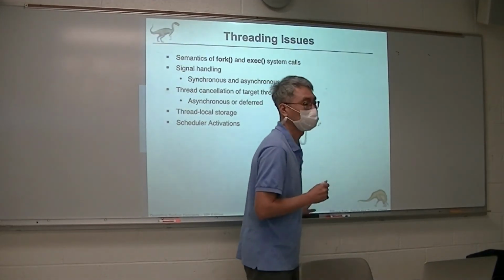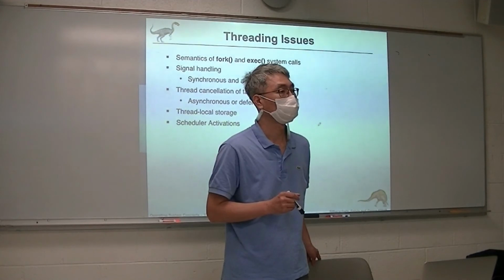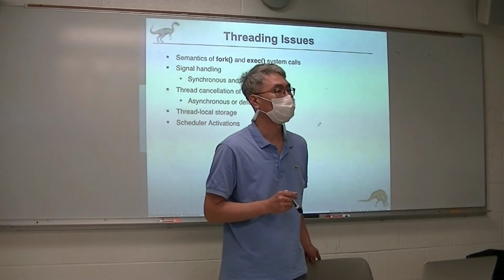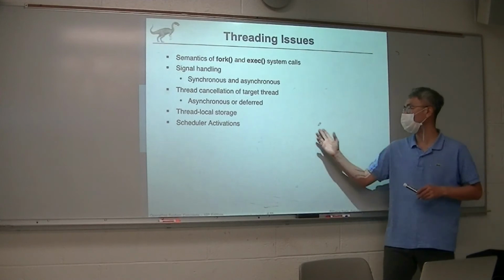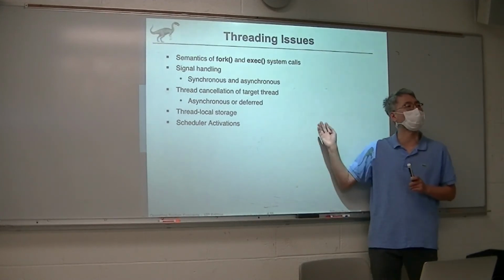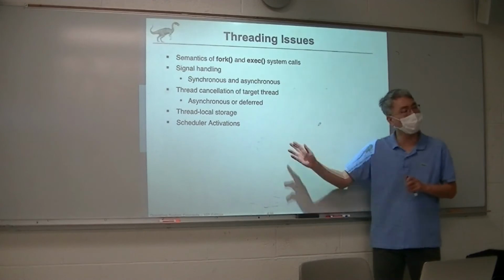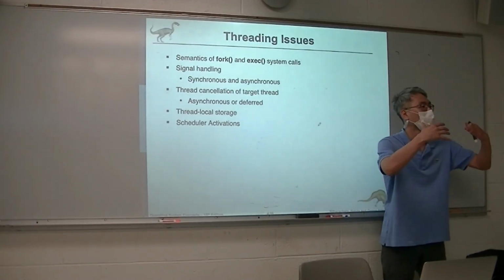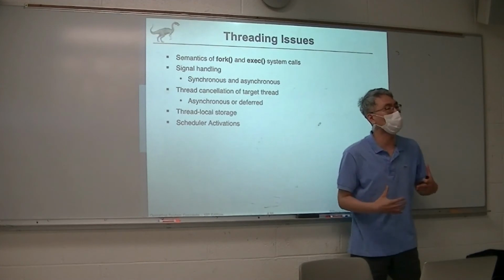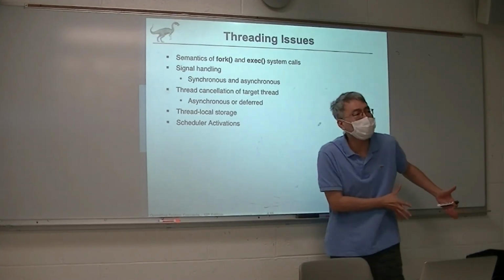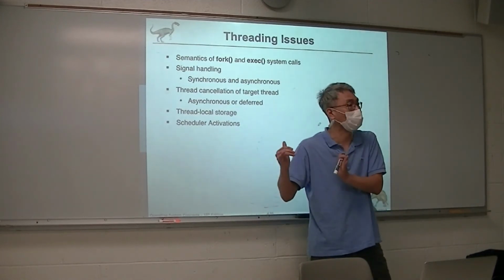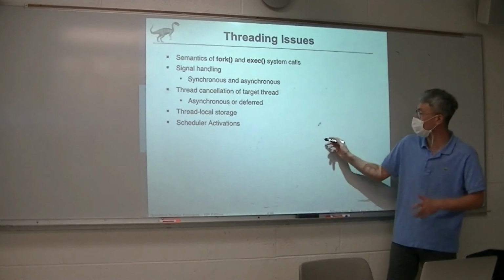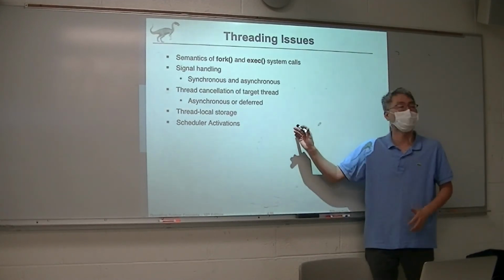Professor? Yes. Is there an advantage to using one, like the one that copies all the threads, or the one that just copies the thread? It depends on your requirement. If the entire process is created, definitely it's a waste of space. However, you can keep the semantic meaning of fork. The meaning of fork is I'm going to create exactly the same thing as the parent, then find the resource. Then you may continue all the status of the parent.